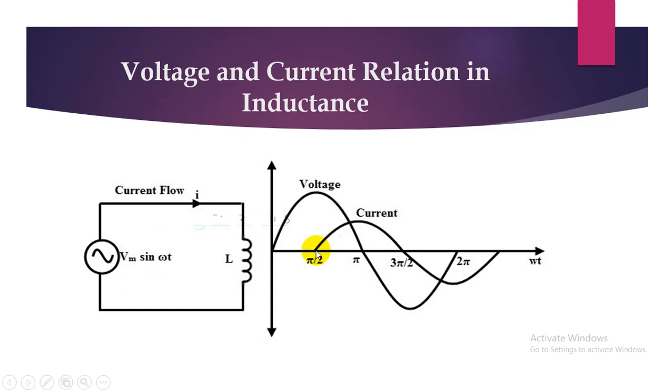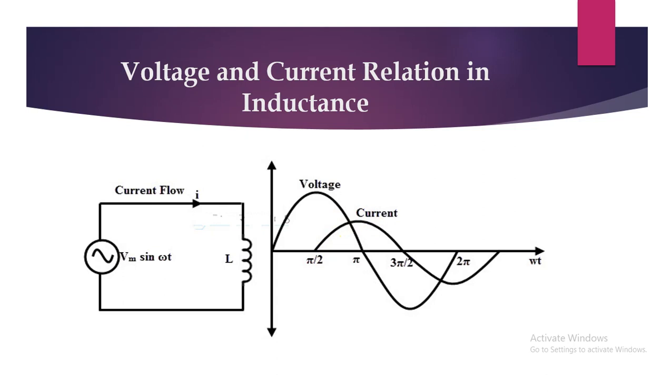That's why we are getting some delay in the current signal in the waveform. Hence we can say there is a phase shift between the voltage and current in the inductor. So we can say that the current is always lagging behind the voltage applied across the inductor.